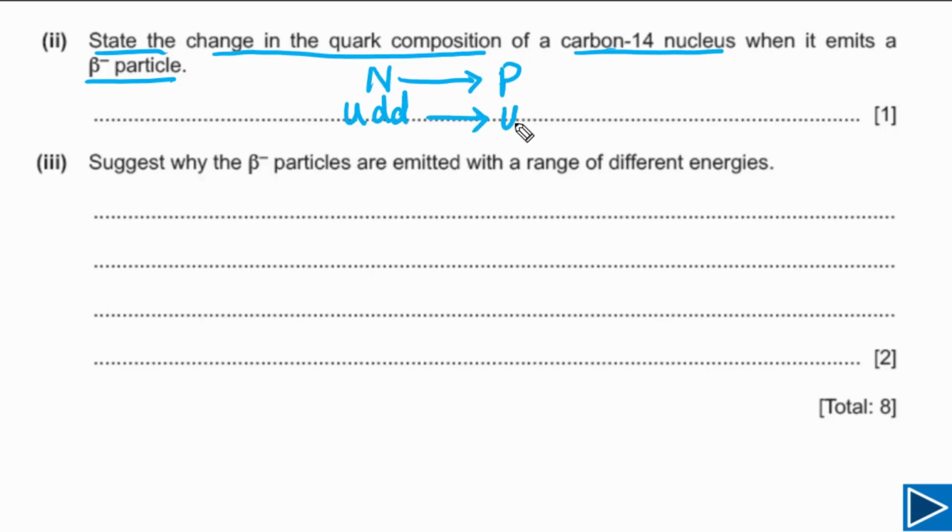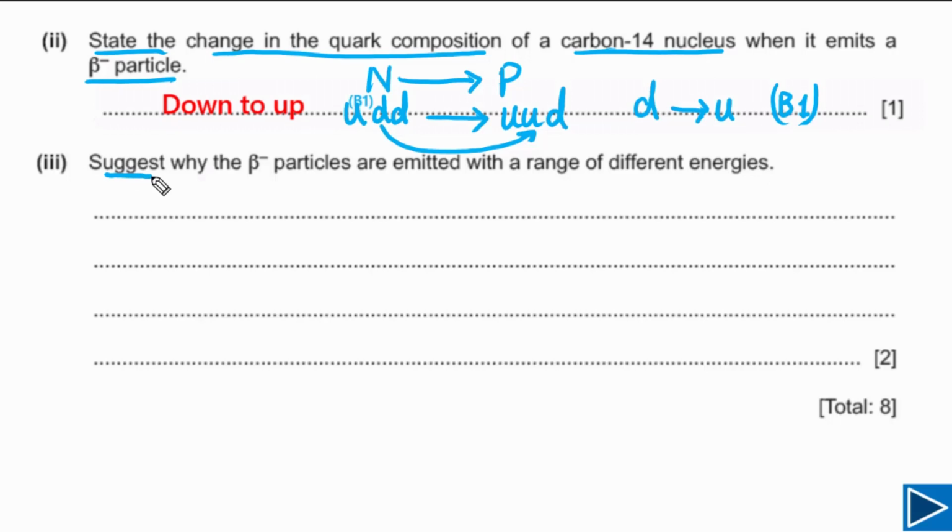Proton consists of two up quarks and one down quark. So simply from here we can see that one down quark decays into one up quark. So for this question, you can write down one down quark decays into an up quark. If you write down this one, you will get 1 mark, and that is a B mark.